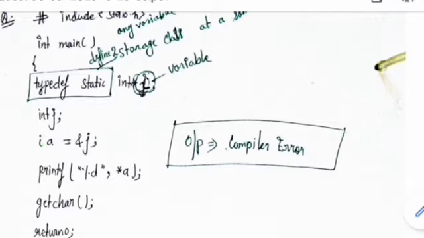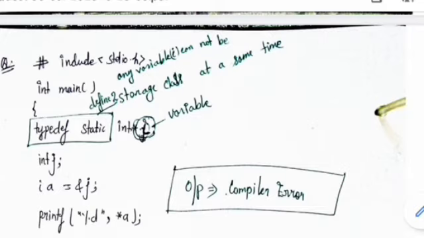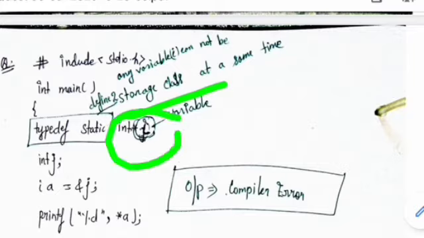Now here we get that typedef with a static variable is used, which means that the variable i cannot be defined here with a storage class at the same time, and variable i is already declared. So due to this it gives a compile time error, and the output of this program is a compile time error.